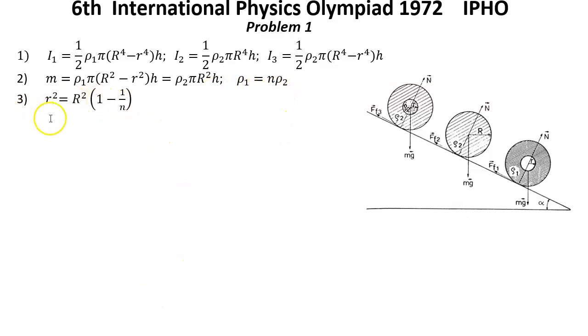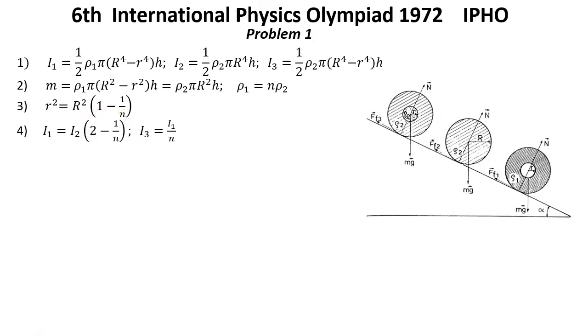So from this data we can find that small r square equals big R square multiplied by 1 minus 1 over n. Now the moment of inertia of all 3 cylinders could be written in the form I1 equal I2 multiplied by 2 minus 1 over n, and I3 equal I1 over n.